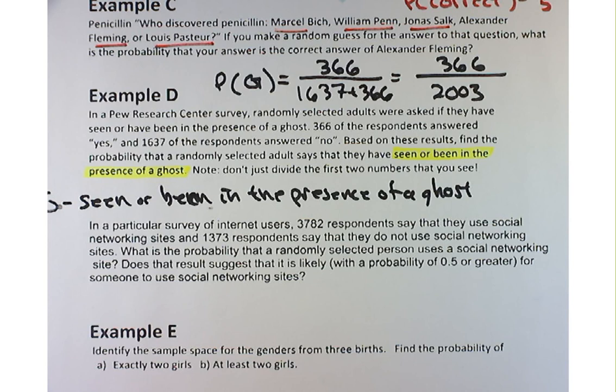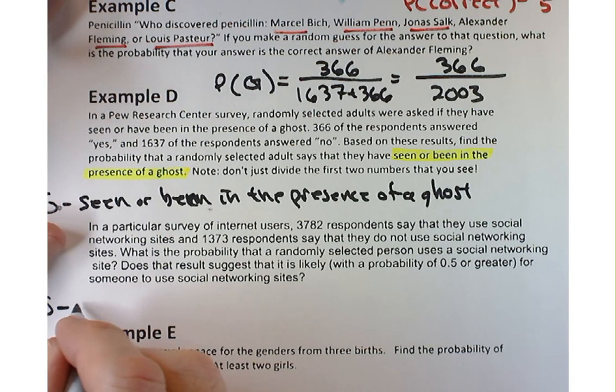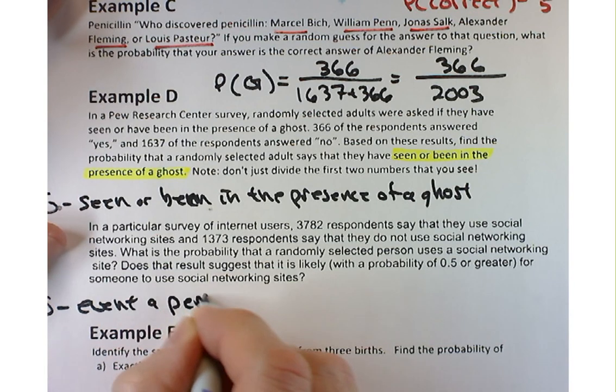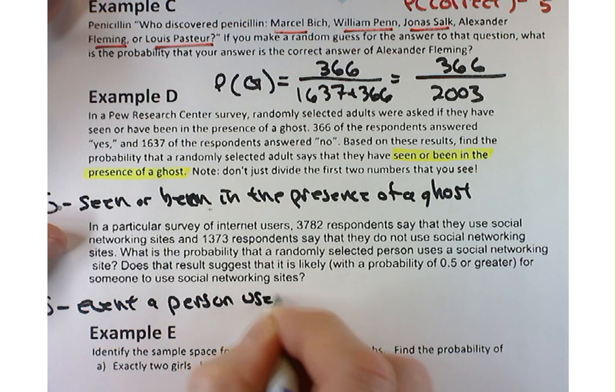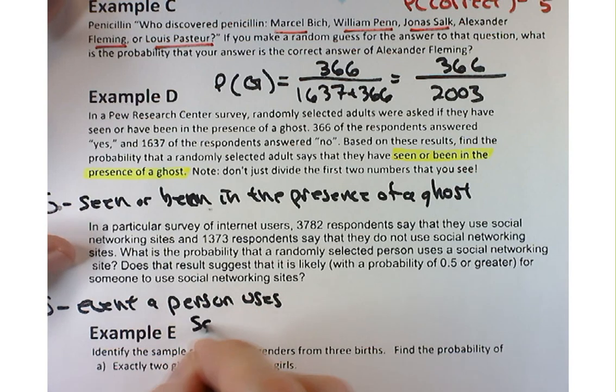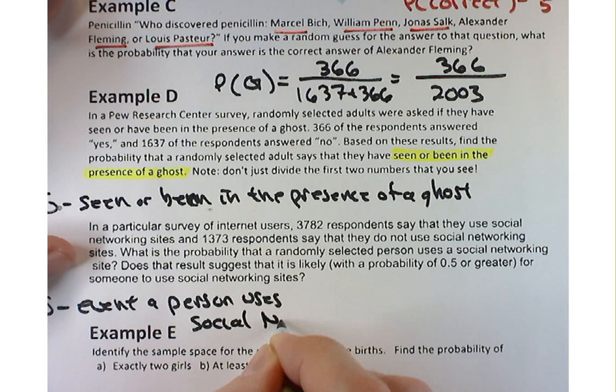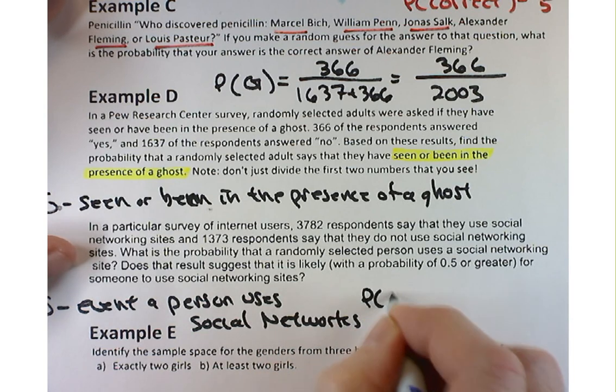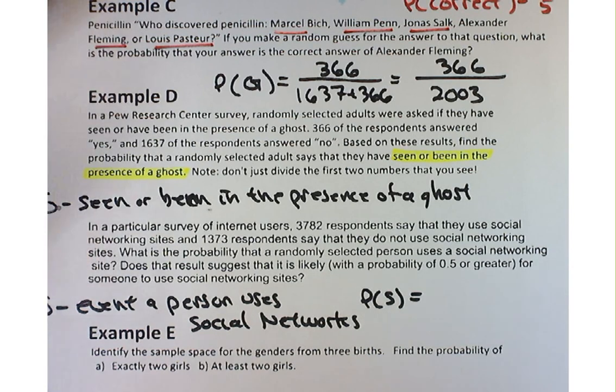All right. So S is the event a person uses social networks. And I want the probability of S. What's the probability of that event?